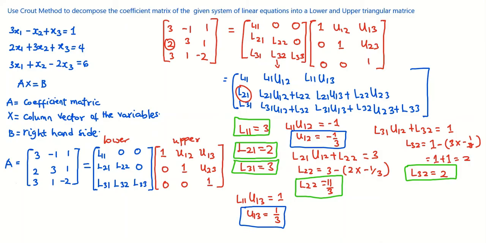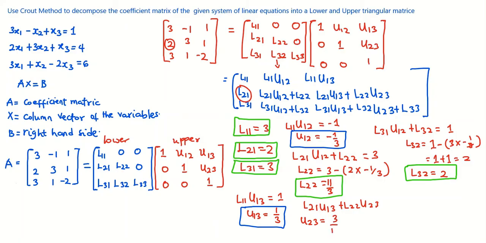Okay, so for the next one, we have L21 U13, plus L22 U23. So now you're going to find U23, which will be U23 equals 1 over L22, right, which is 11 over 3. So it being divided by 1 will give us 3 over 11.